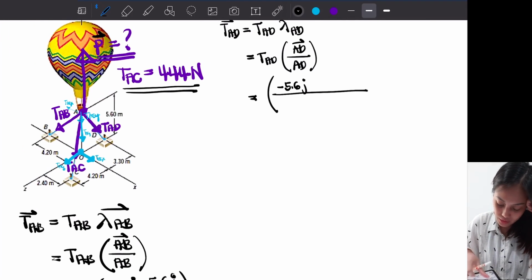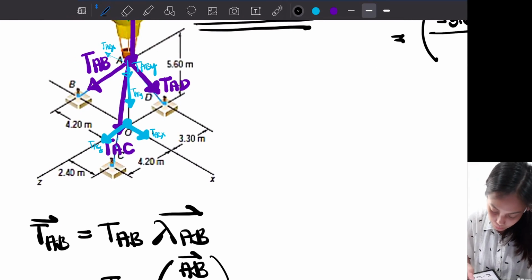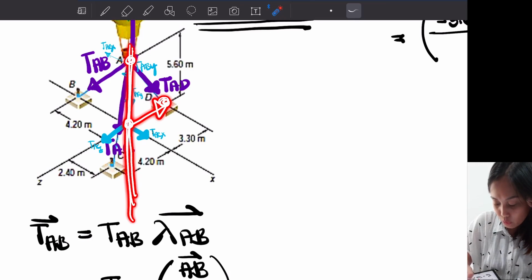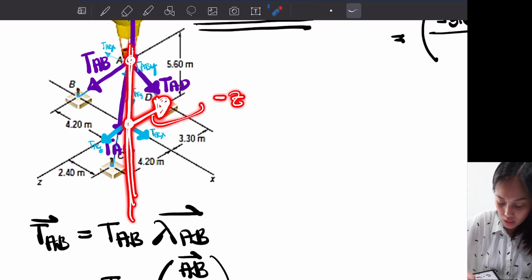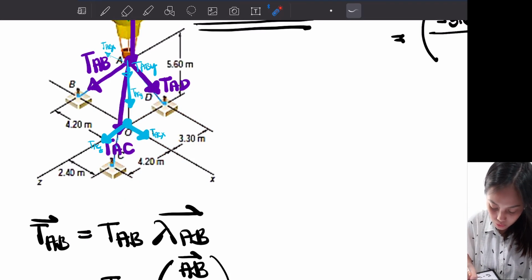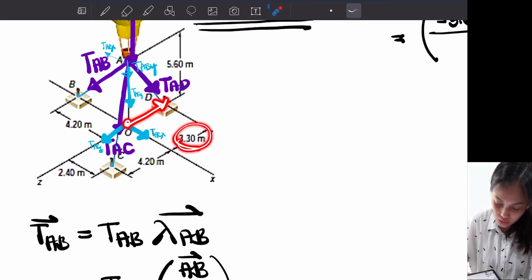How about along z-axis? From point A to point D, ang point A na siya along this line. Gikan sa A, padulong sa D. So it's pointing away from you, which means na kana siya is negative distance along z-axis, negative 3.3 meters.